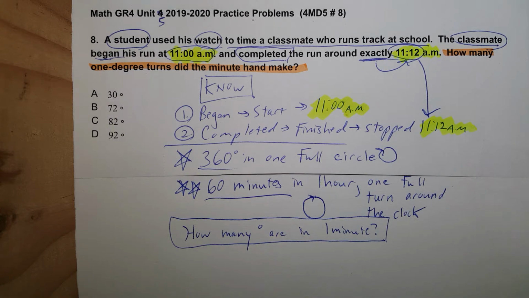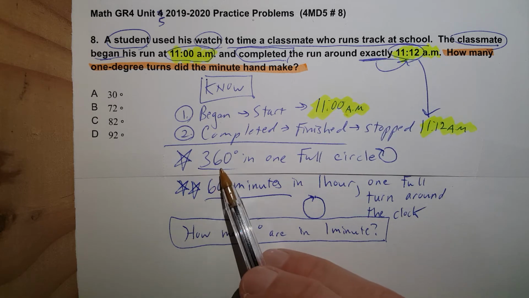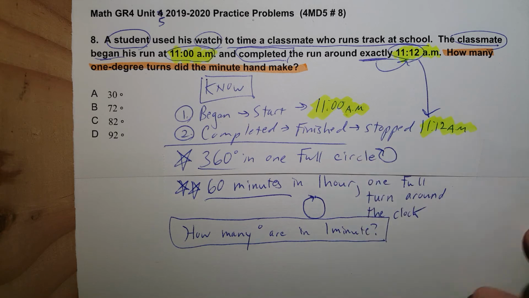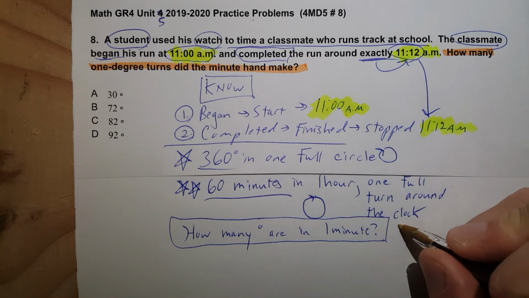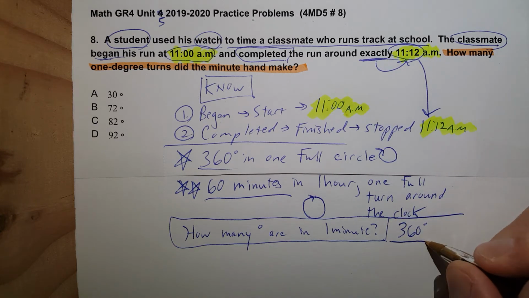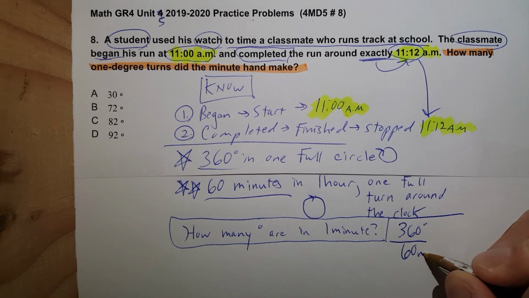So here's the trick. Here's the rule. If there are 360 degrees in one full turn around a circle, I am going to take 360 degrees divided by 60 minutes.